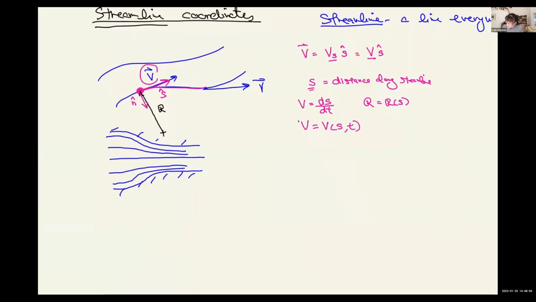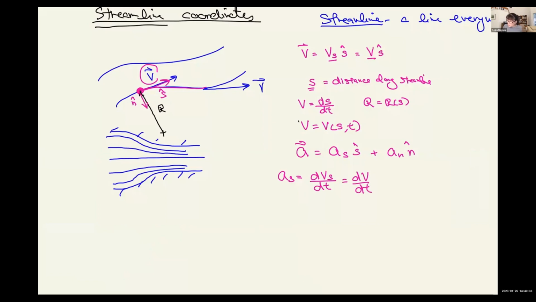Then, if you want to determine the acceleration, the acceleration vector in general is going to have a component in the S direction and a component in the normal direction. And A_S is going to be dV_s dt, which is dV dt.